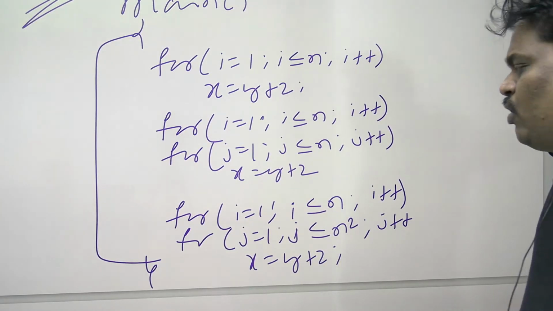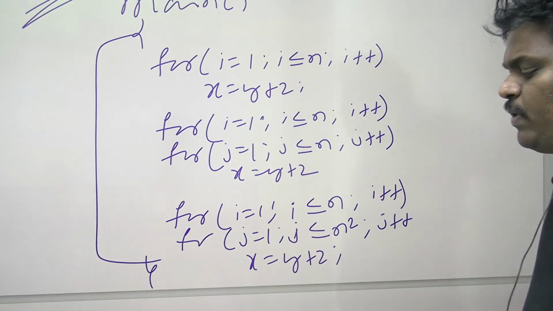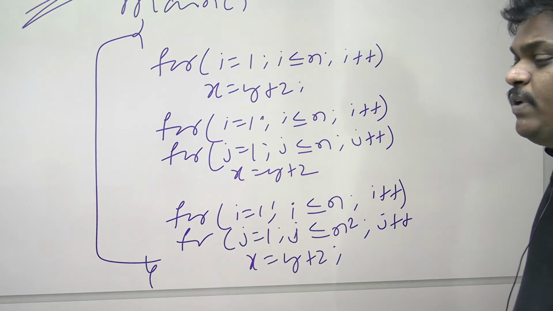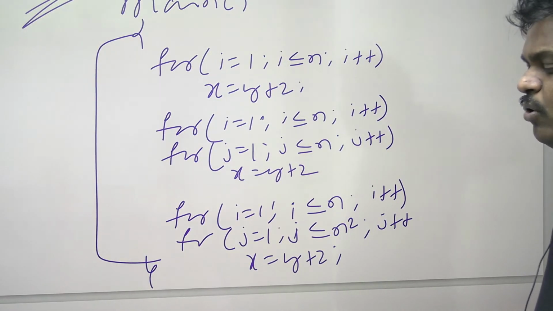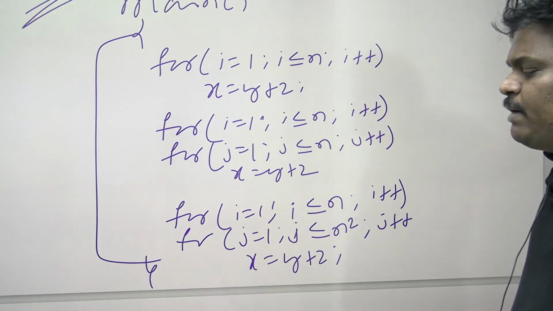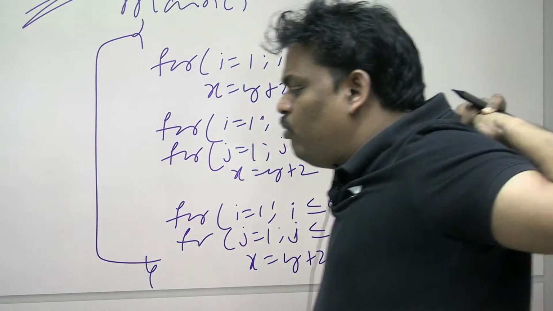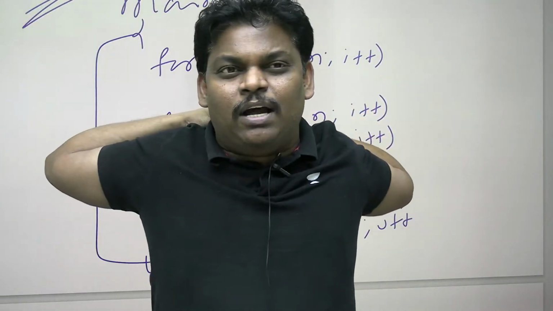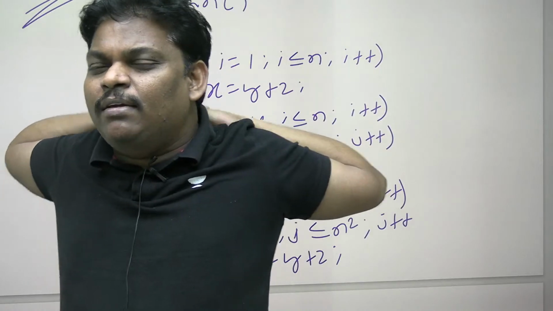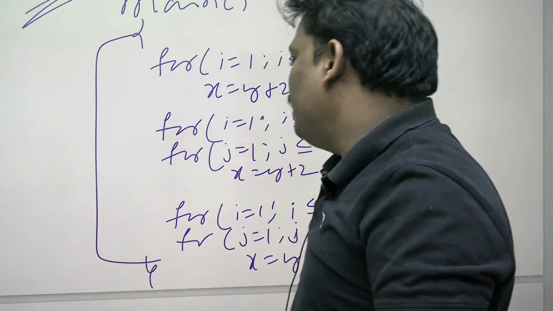Next, how many times is every statement executing, because that statement may be inside a loop. After identifying the statements, go to every statement and see how many times it is running.